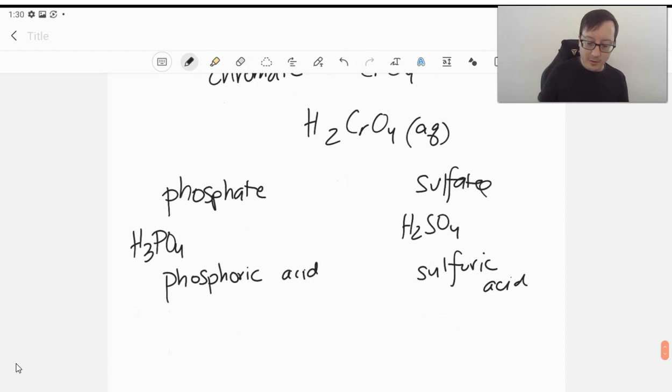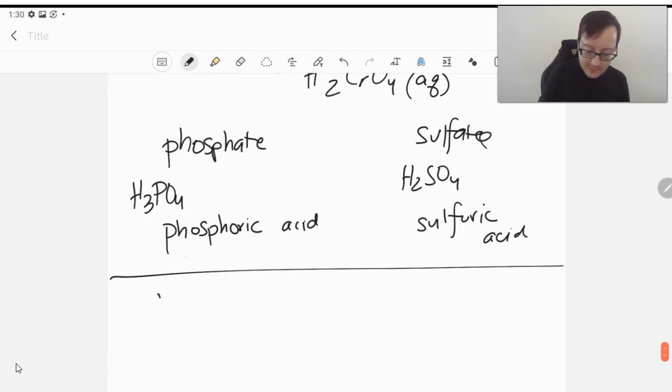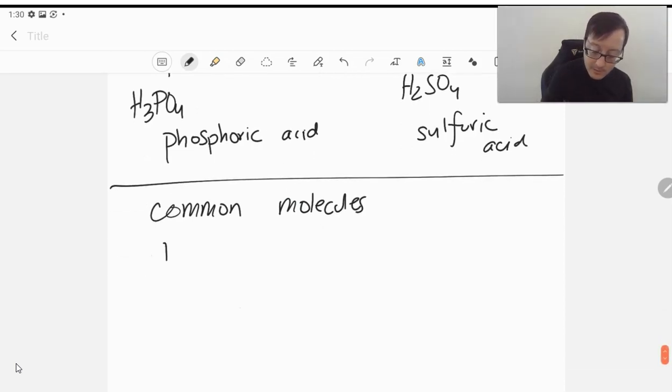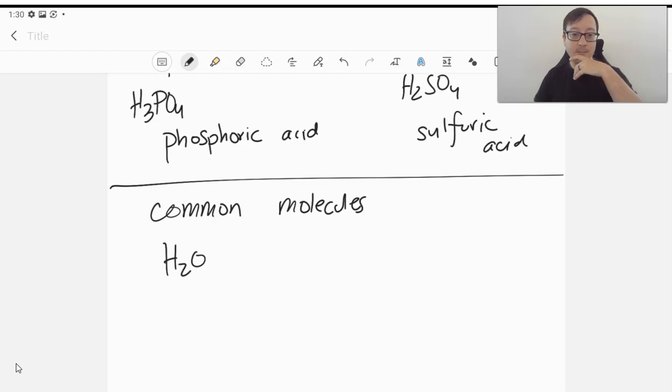I just want to throw out a few more common things. Common molecules. There's just a couple. Perhaps this one you've seen before. Technically speaking, we don't generally refer to hydrogen molecules under molecular names. We actually usually give them ionic names.